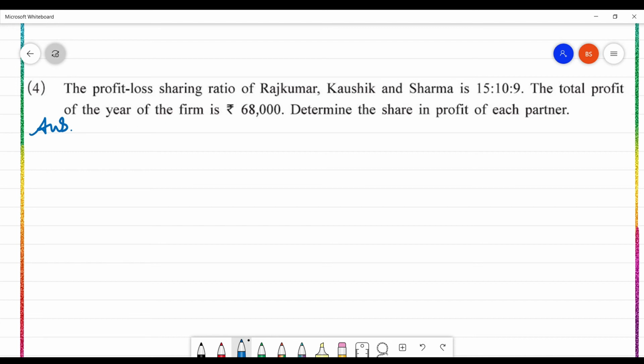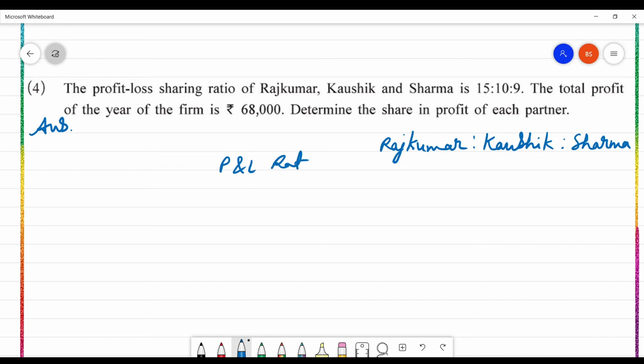So first we will write down P&L ratio. Rajkumar, Kaushik and Sharma. P&L ratio equals 15, 10 and 9.